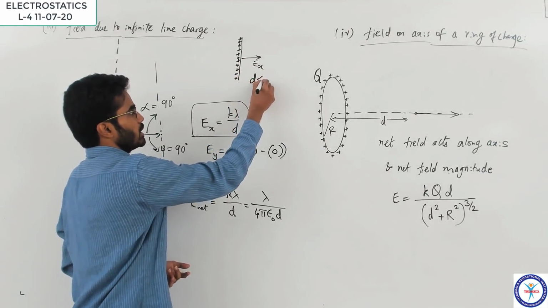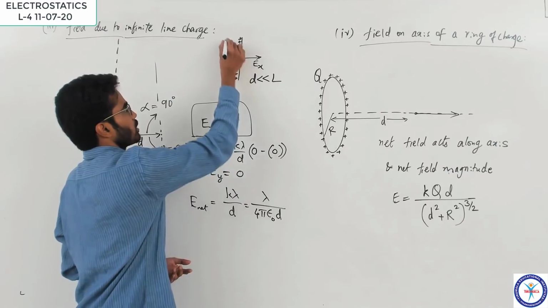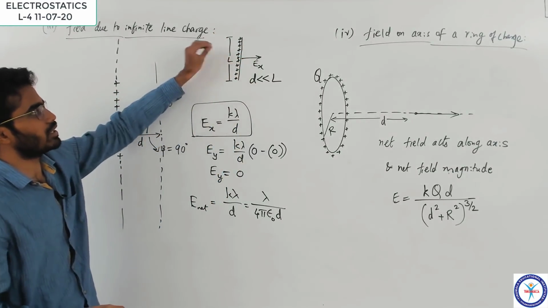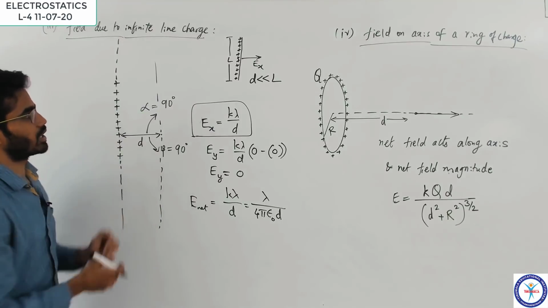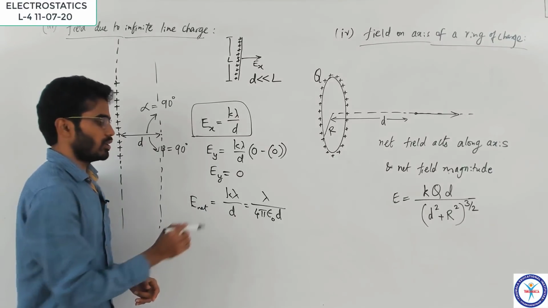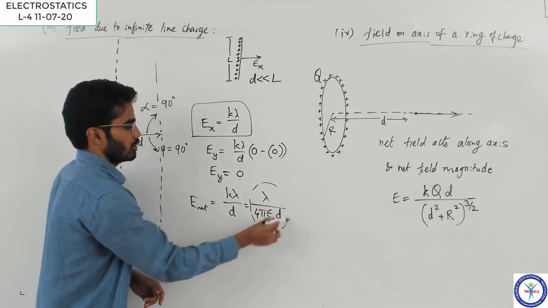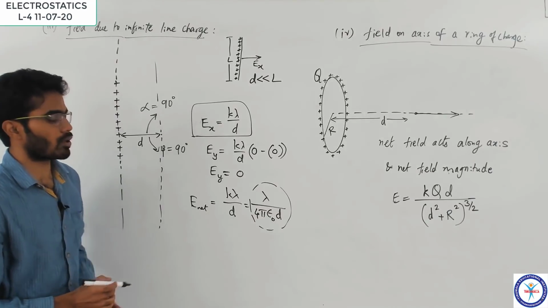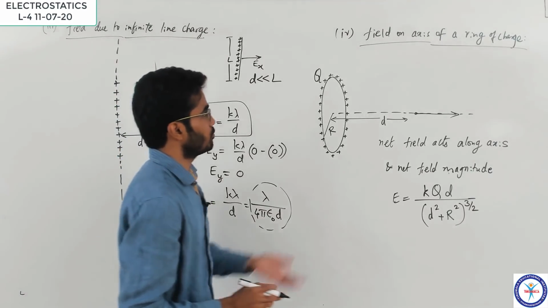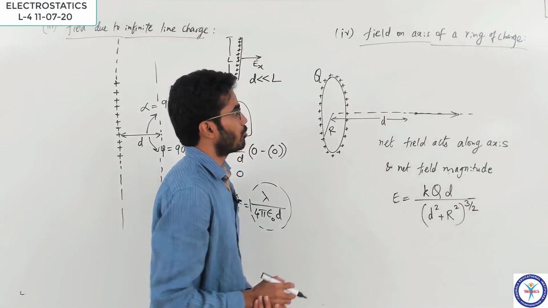That means d is very small in comparison with L. In this case, even the finite situation becomes infinite. So even in this case, when d is very small, you can write the field as lambda by 4 pi epsilon naught d.